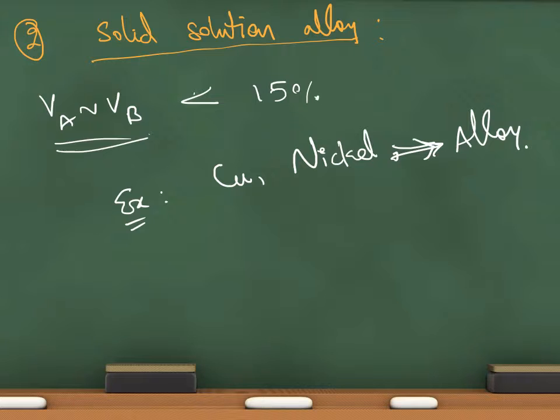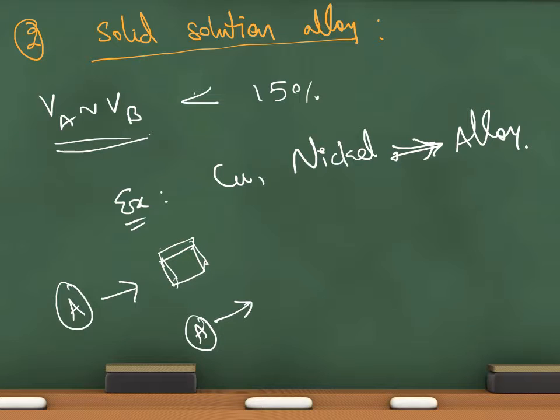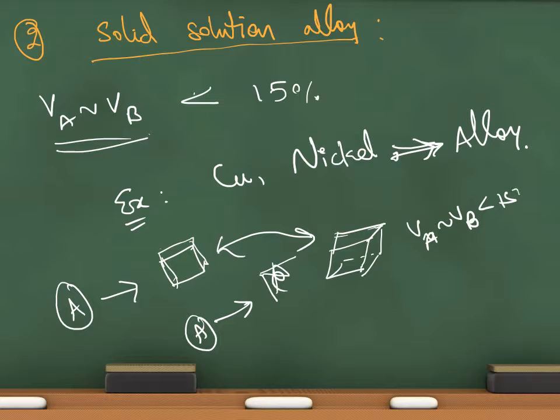If you want to discuss more about what exactly this means, suppose A has a volume like this, and B has the same structure but slightly slanted, that means it is a parallelepiped. These two look similar, but the difference in volume is less than 15%.